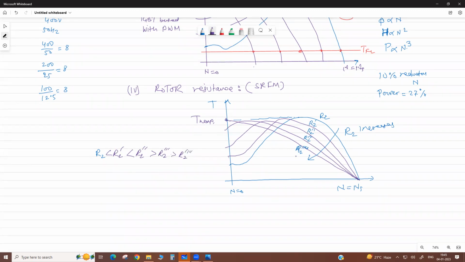So if we increase the rotor resistance, this curve shifts like this.